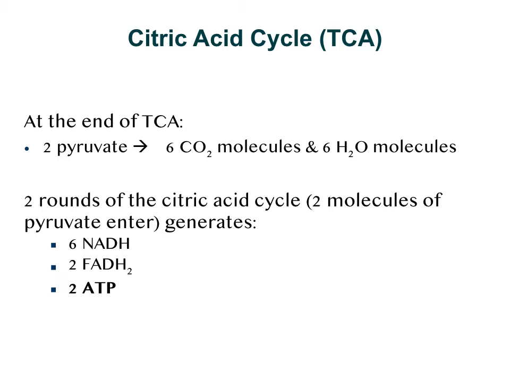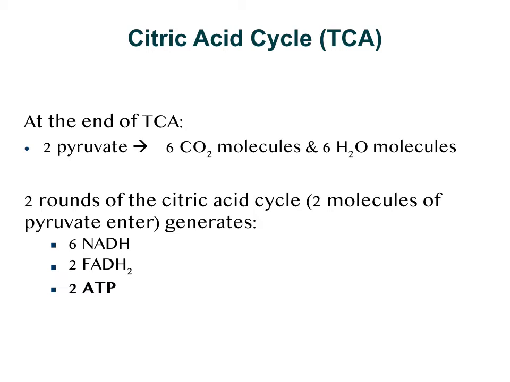Our pyruvate, since we've had 2 of them, will undergo 2 rounds of the citric acid cycle, and we will generate a bunch of reduced coenzymes. 6 NADH, it was the NAD plus, the oxidized form, that will be reduced and contain all that extra energy as NADH. And FAD will be reduced to 2 FADH2. We will also, through the turn of the citric acid cycle, produce 2 ATP.